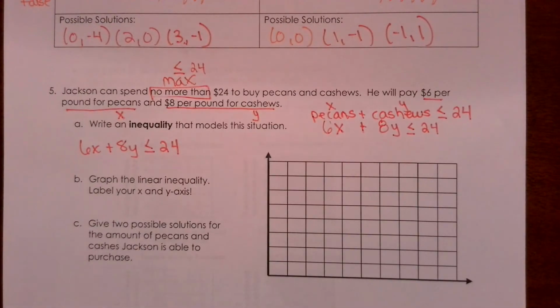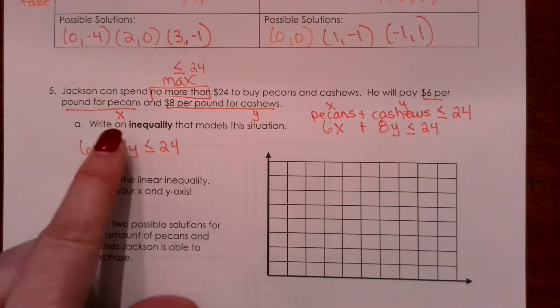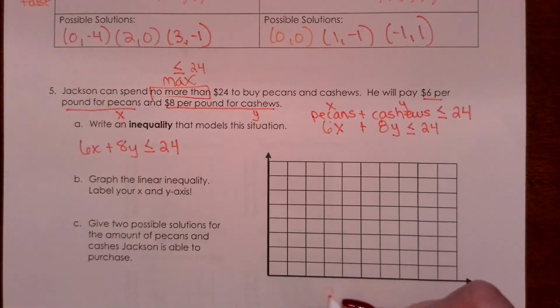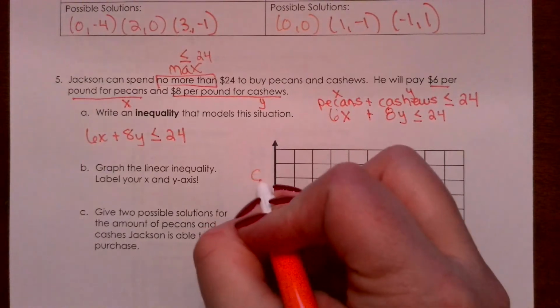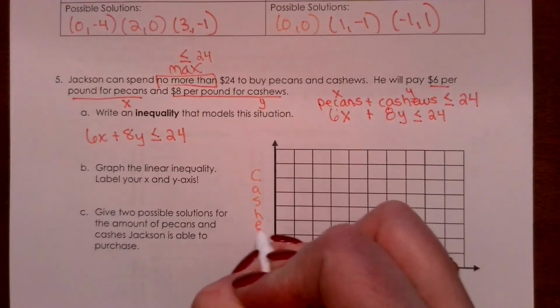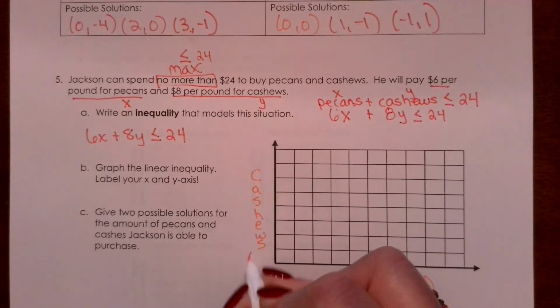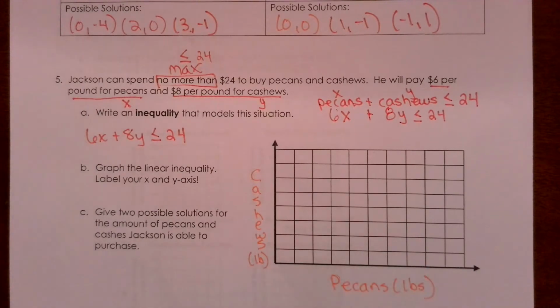When I'm labeling my graph, I do want to keep in mind that x is pecans, and it's in pounds. So how many pounds of pecans? And y is cashews, and it's how many pounds of cashews he will buy.